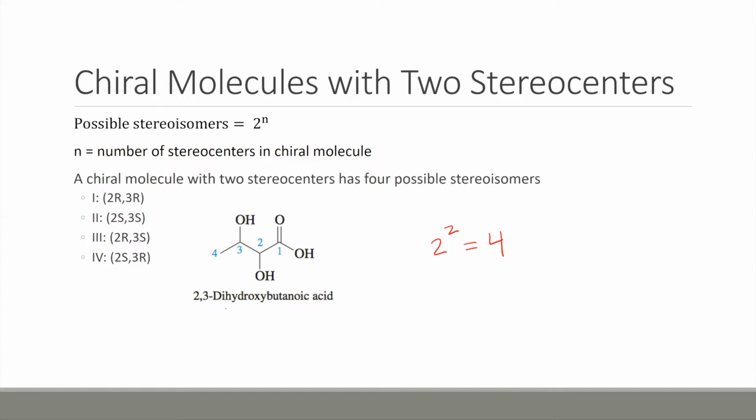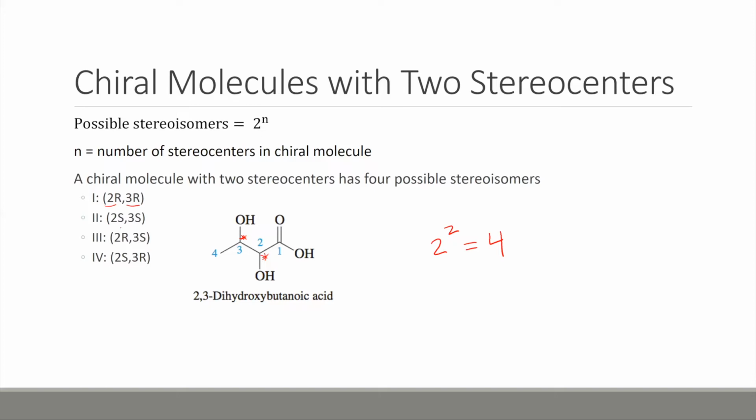In this particular molecule example, we have dihydroxybutanoic acid. Here there is a chiral center at position 3 and at position 2. Each of these chiral centers could be in the R or the S configuration. And so we can have a version of the molecule, a stereoisomer, that is RR.